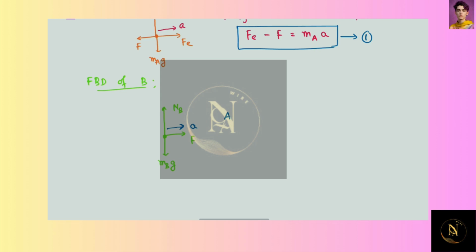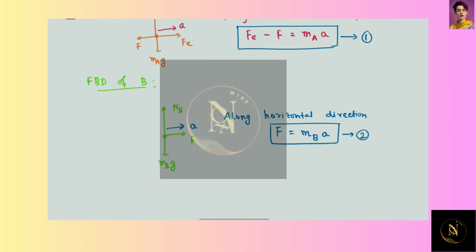So again applying Newton's second law along the horizontal direction, we can write the net force, which is nothing but only F, is equal to Mb into a. So this is my second equation.